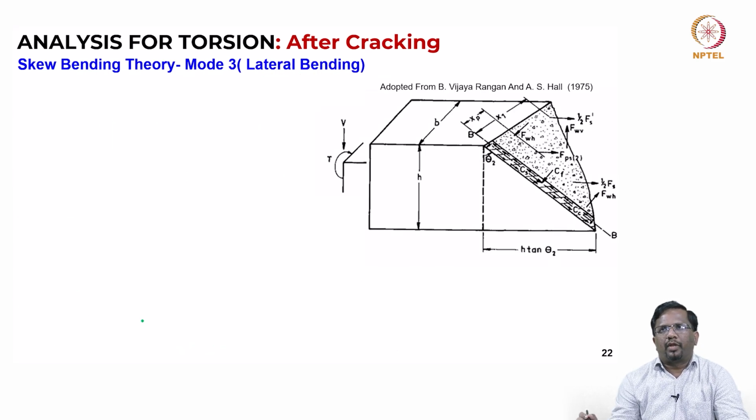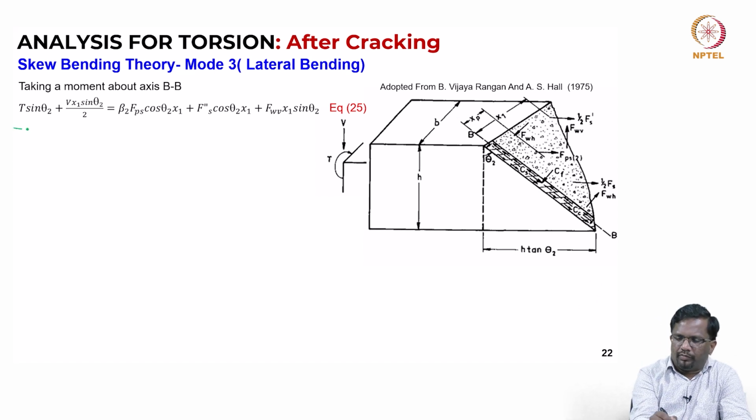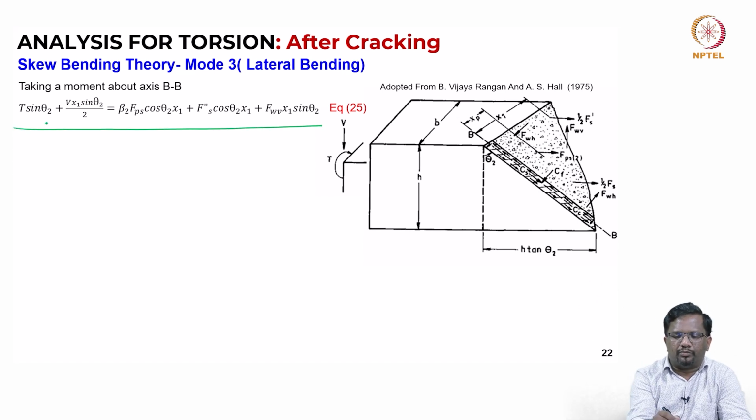Now, the same thing we can do for the lateral bending mode as well. Again, if you take the moment about the axis BB, then you will have this from the torsional moment and the shear acting here.